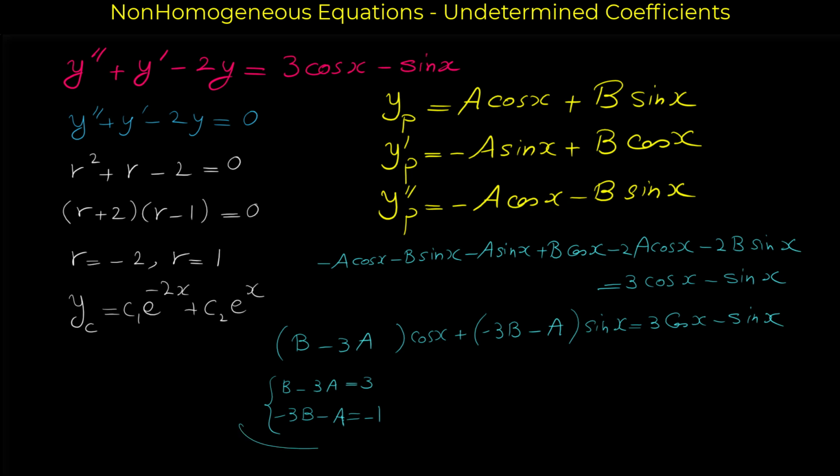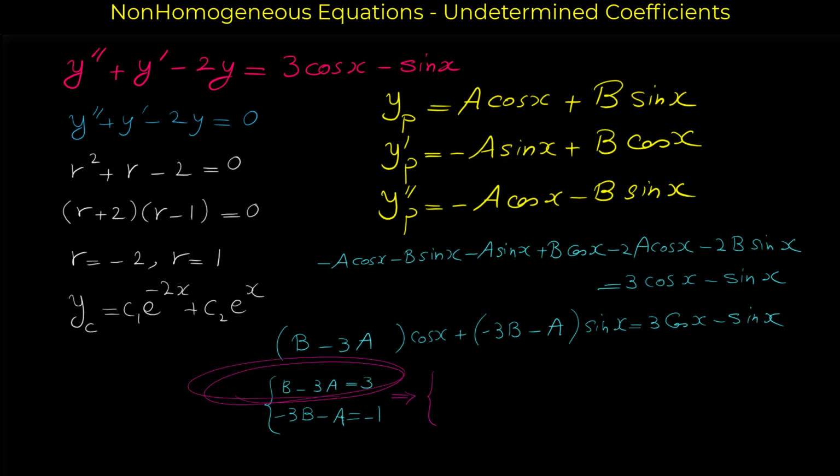Now from this system of equations, we have to find a and b. Again, it's completely up to you which method you want to use to solve this system of equations: elimination method, substitution method, or any other way. You can also guess b and a. For solving this system of equations, here I use the elimination method.